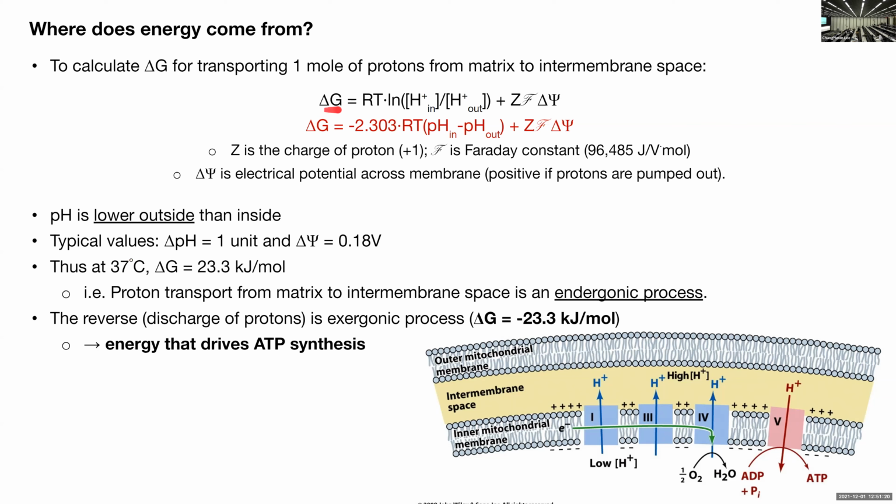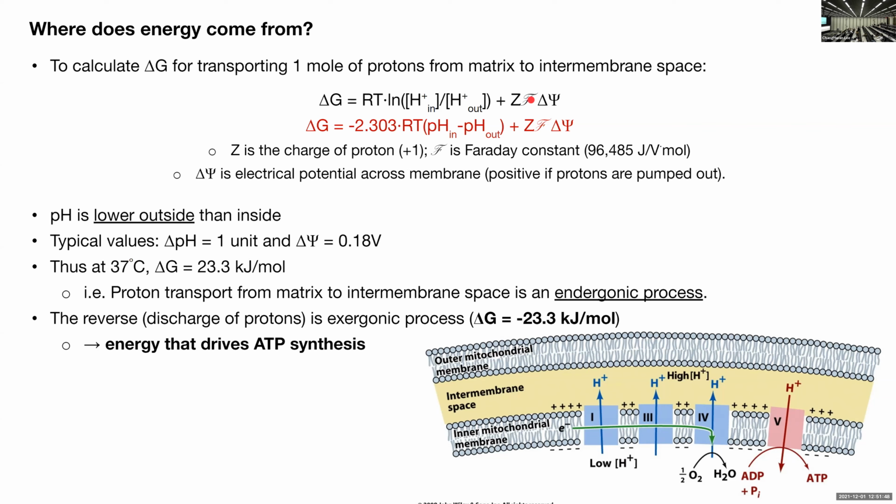So delta G for setting up the gradient here will be RT ln of the ratio of the hydrogen cation, or proton, concentration inside the matrix and outside of the matrix, which is the intermembrane space here. And also Z is the number of electrons or protons that are moved. There are different charges there.